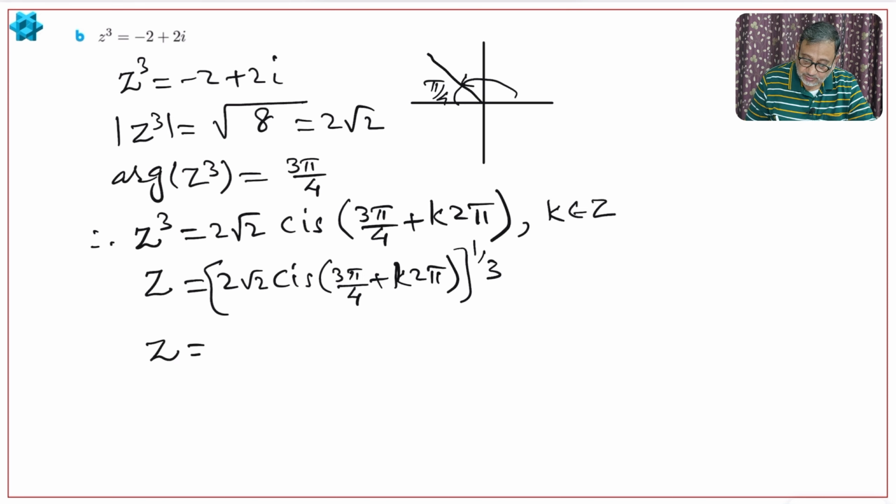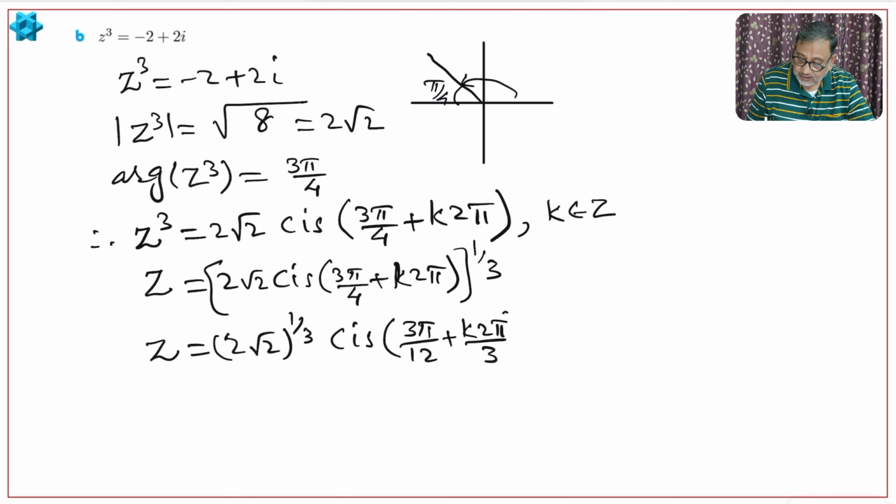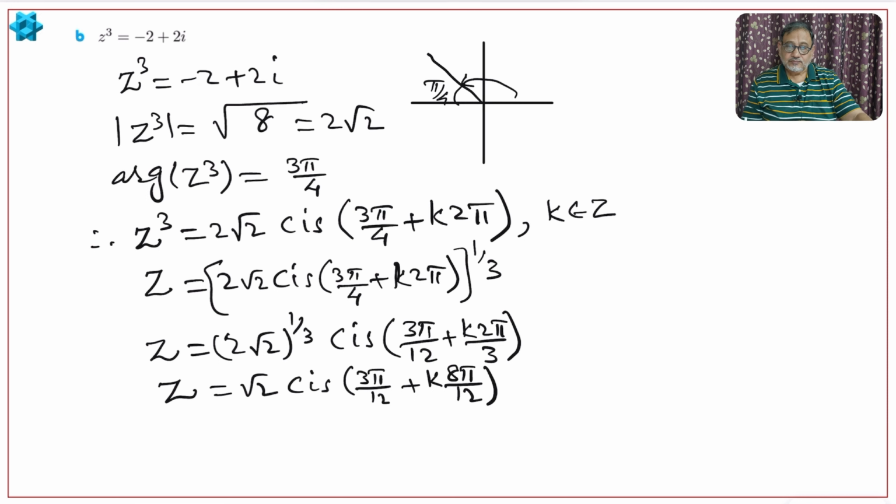So the modulus to the power 1 by 3, and the argument gets multiplied by 1 by 3, so it will go in the denominator. So 3 pi by 12 plus k into 2 pi by 3, because 4 times 3. So z will be root 2 cis 3 pi by 12, and here also I will take 12, so multiply by 4, so k into 8 pi by 12, right? This is by De Moivre's rule.